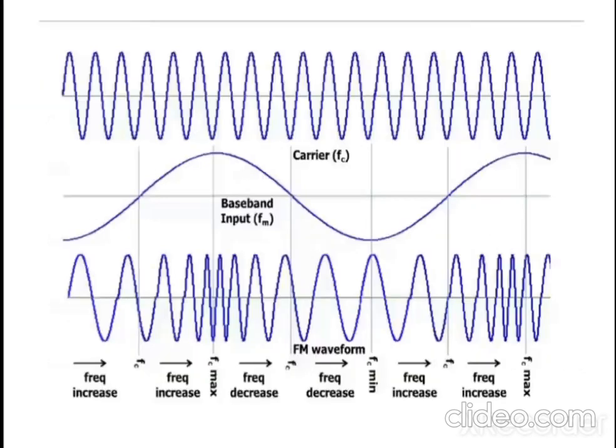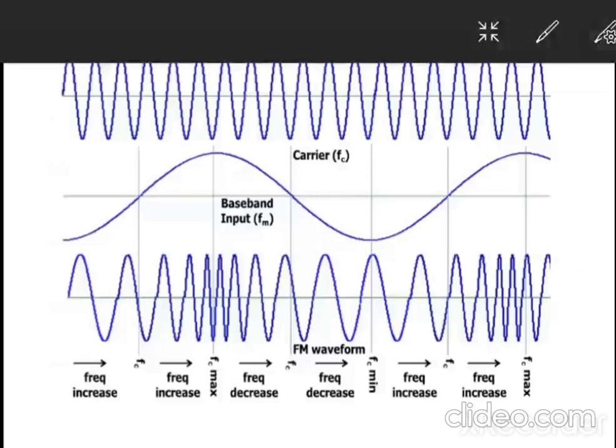This is the diagram. In this diagram, the first signal is the carrier signal, the second signal is the baseband signal, otherwise the information signal. In the first signal the frequency is high, then in the second signal the frequency is low, then the third signal is the frequency modulated signal. In this signal, if the baseband signal is increasing, then the frequency is increasing, up to the maximum of the baseband signal amplitude.